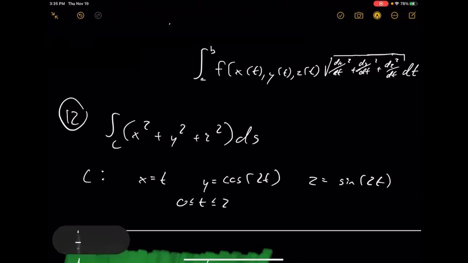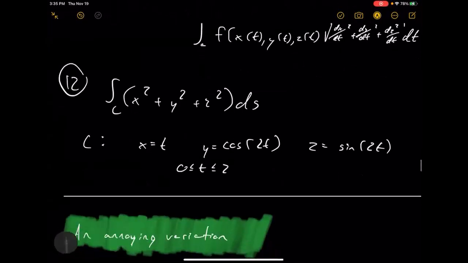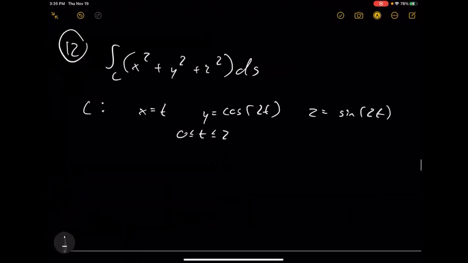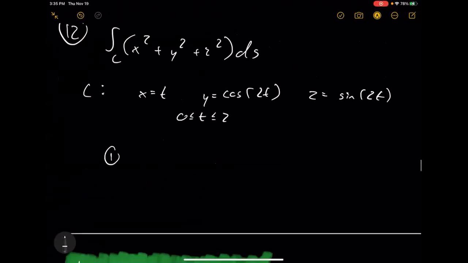So what's going on here? They've kind of done the first 2 steps for us. Step 1 is break our curve C up into pieces as necessary. Well, this is just one.